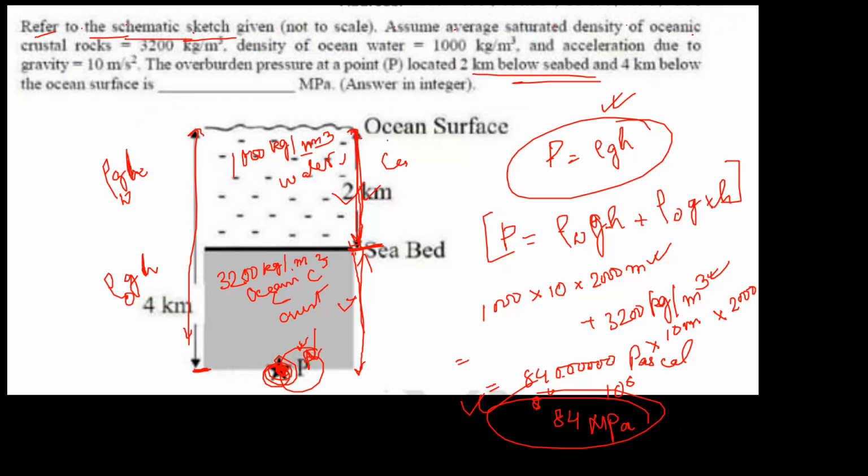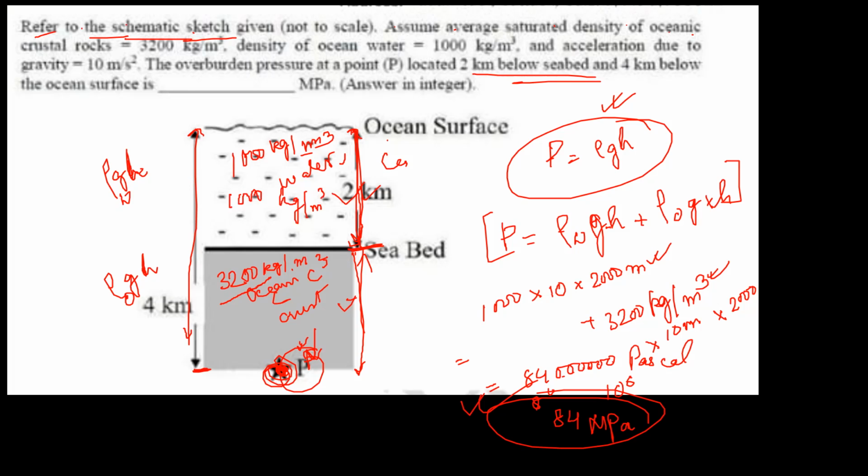Next, this is another very simple question. Refer to the schematic diagram or sketch. Assume the average saturated density of the oceanic crust is 3200 kg per meter cube, whereas the density of water is 1000 kg per meter cube.